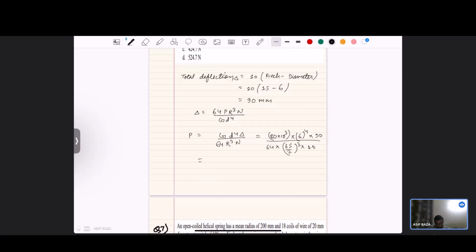So 80 into 10 power 3 into 6 to the power 4 into 90 divided by 64 divided by 10 divided by 65 by 2 cubed.